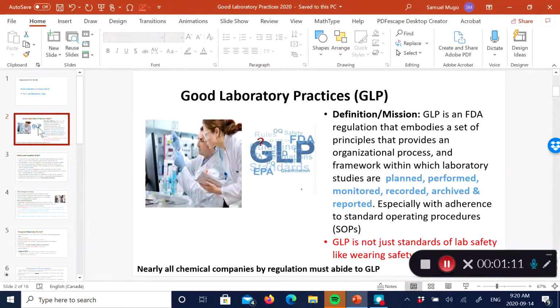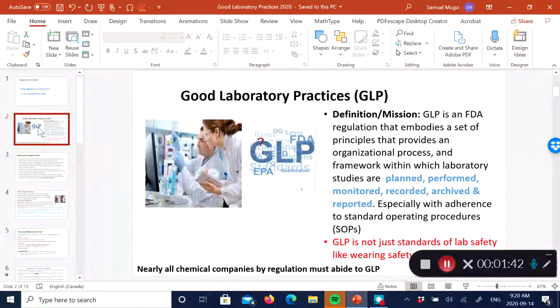The GLP is a US Food and Drug Administration (FDA) regulation, and it embodies a set of principles that provides the organizational structure, process, and framework by which all lab studies should be planned, performed, monitored, and documented, as well as reported.